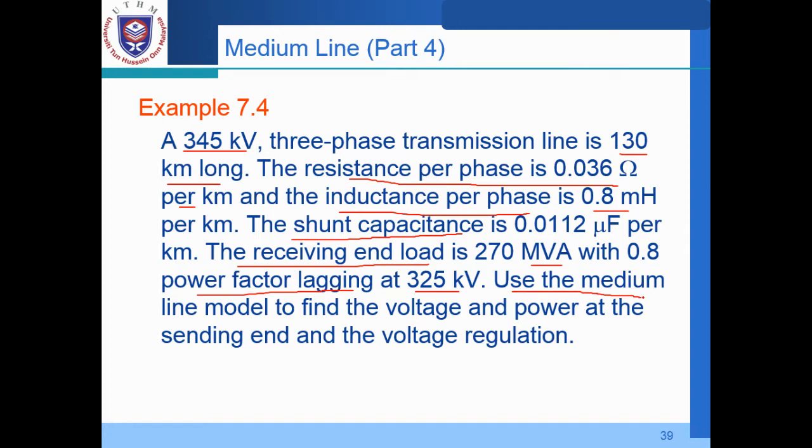So now we are asked to utilize the medium line model, the nominal pi model to be exact, to find the voltage and power at the sending end and the voltage regulation. So we need to obtain the VR value as well as the sending end Vs as well as the sending end P.